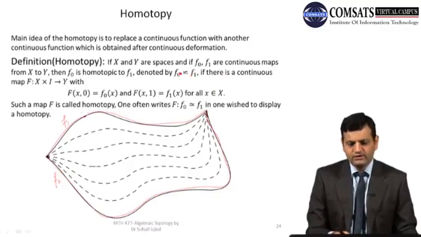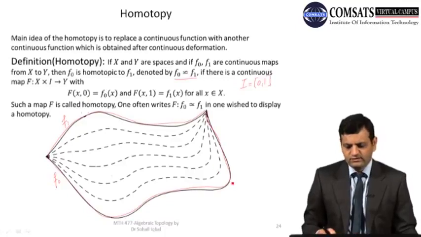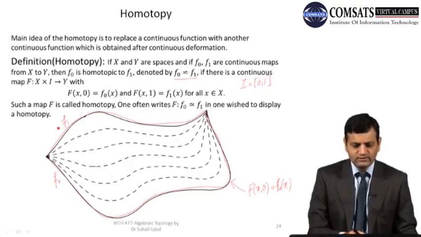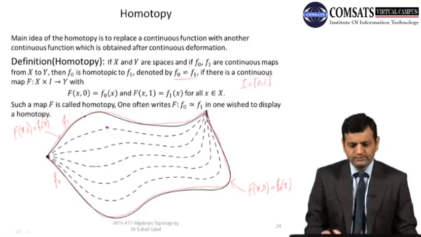Mathematically speaking, if X and Y are spaces and f0 and f1 are continuous maps from X to Y, then f0 is homotopic to f1 if there is a continuous map F from X cross I to Y, where I is equal to the closed interval 0 to 1, such that F of x, 0 is equal to f0 of x, and F of x, 1 is equal to f1 of x.